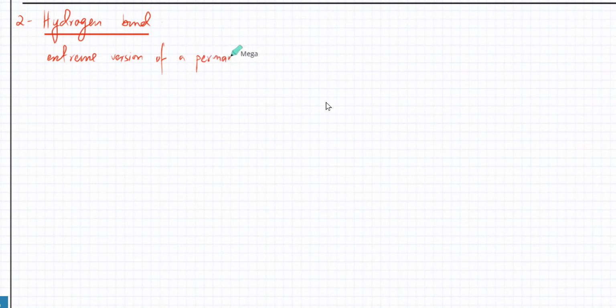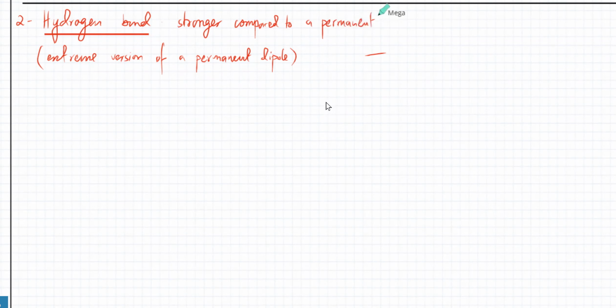Which means it's stronger compared to a permanent dipole.